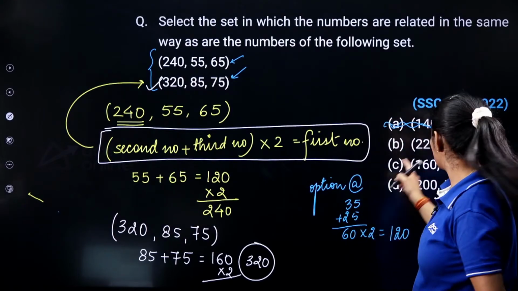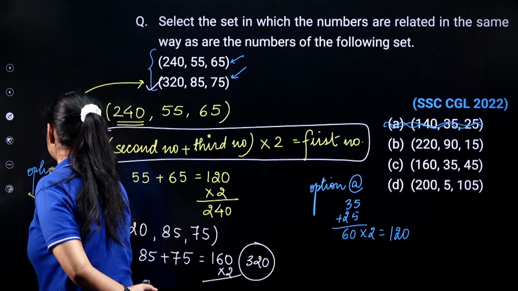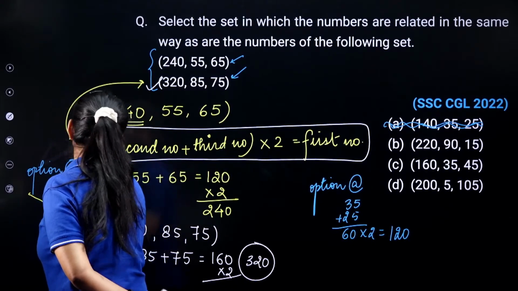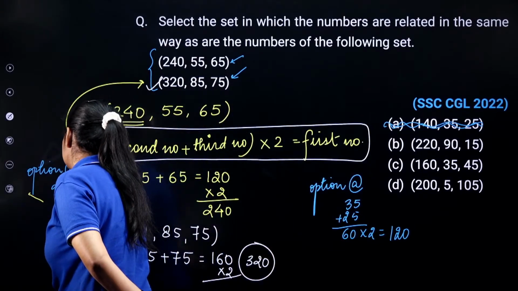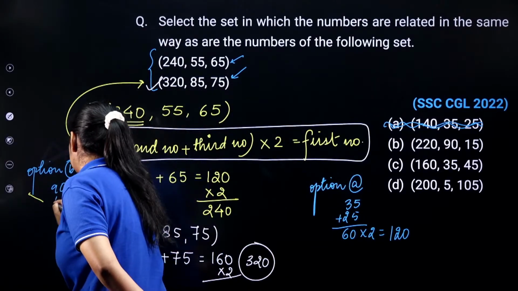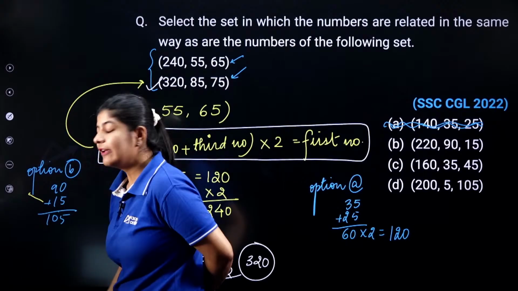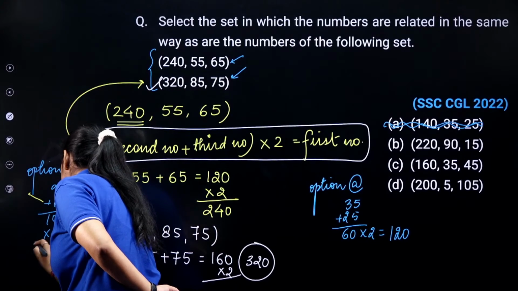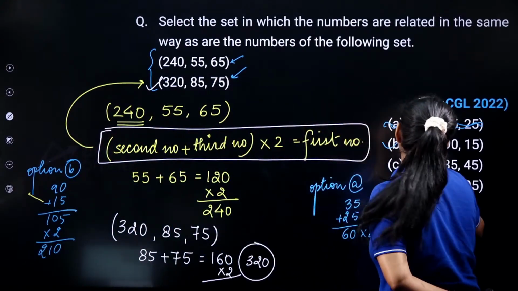Eliminate. Next one, option number B. We'll check option B over here. We are having 90 and 15. 105. When I multiply this by 2, here I am getting 210, not 220.